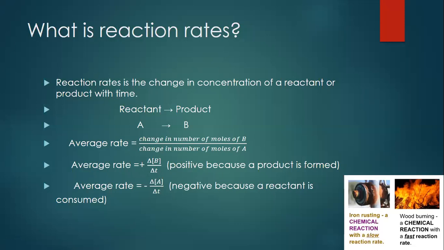So the first definition there says reaction rate or rate of reaction is the change in concentration of a reactant or product with time. So the rate at which a reactant is able to be converted to a product. So for instance, in the kitchen, we can consider your kitchen as a lab. You are preparing banku.